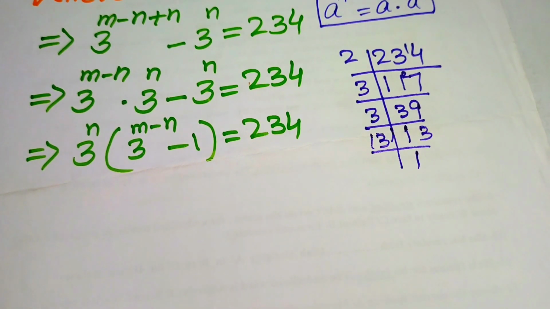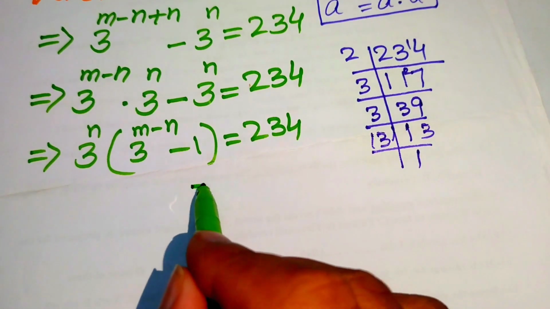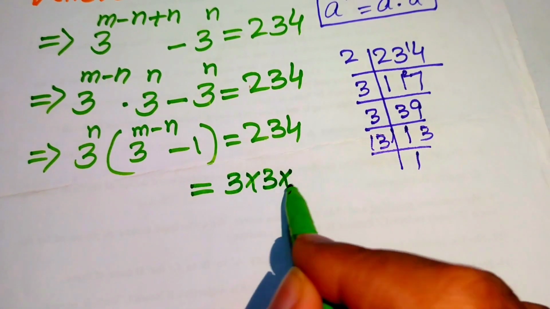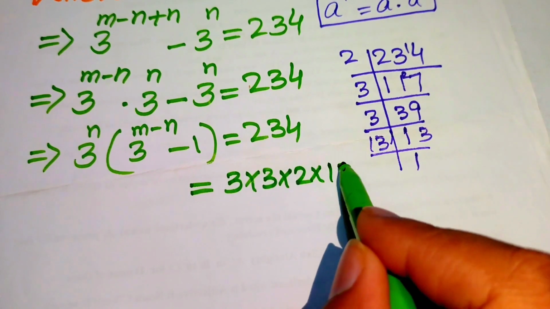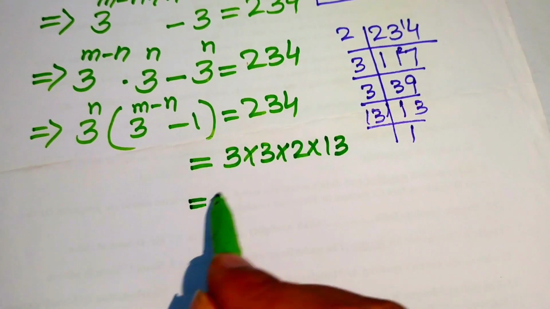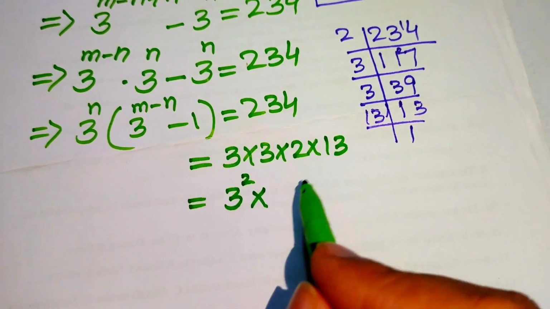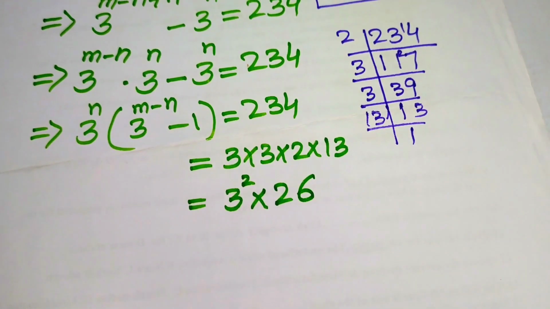So we write this 234 as 3 multiplied by 3 multiplied by 2 multiplied by 13, and we write 3 times 3 as 3 square, and 2 times 13 equals 26.